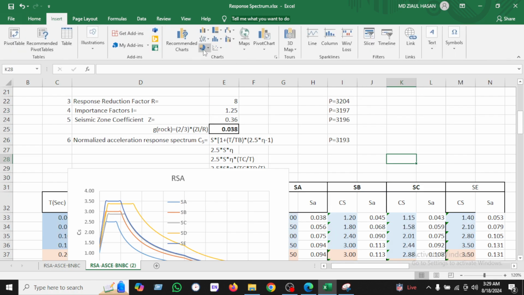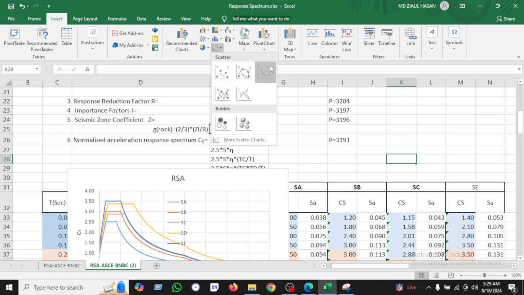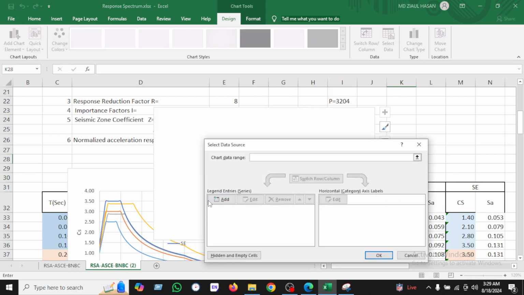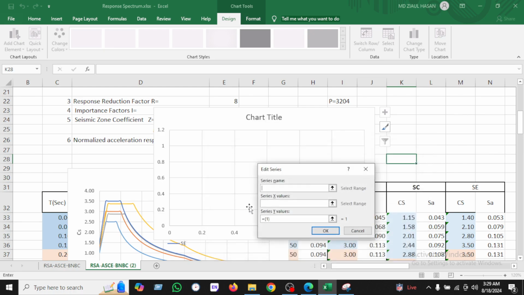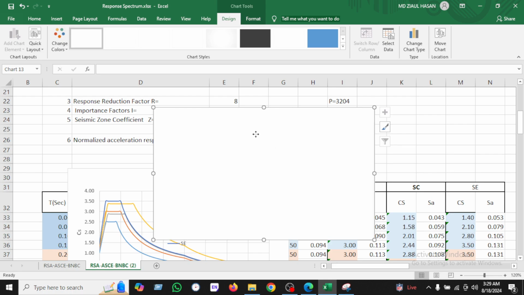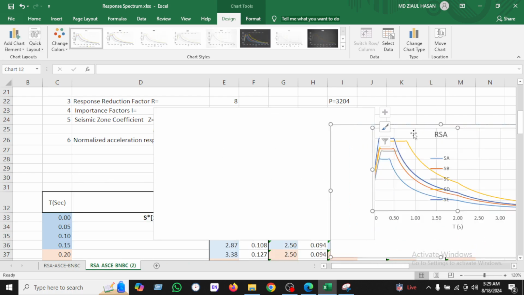If you want to draw the SA versus time period, we can also draw it. So we go to insert and the scatter menu, and add. At first we want to draw this.